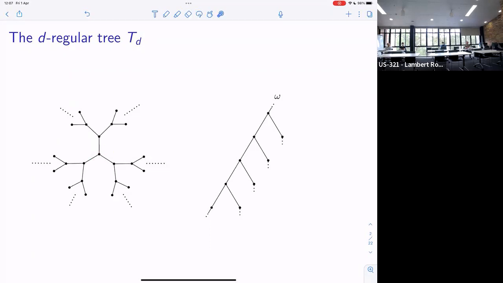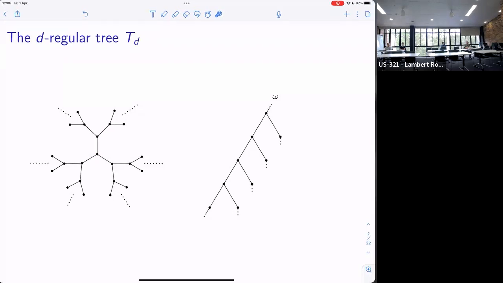And here, every path in this tree extends out indefinitely. And so when we have a regular tree like this, we can associate to it a natural notion of boundary. So a point on the boundary of this tree you can identify as the limiting end of an infinite path in this tree. Okay?